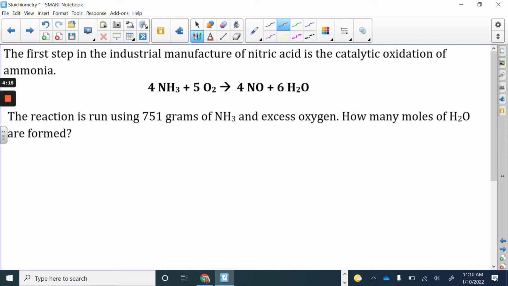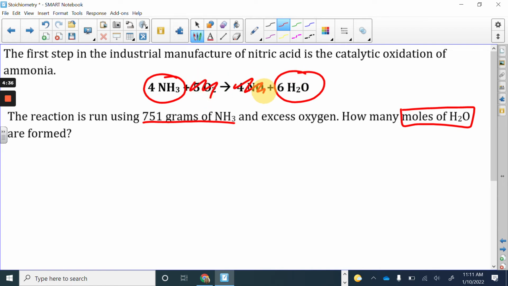So the first step in the industrial manufacture of nitric acid is the catalytic oxidation of ammonia. The reaction is run using 751 grams of ammonia, that's this one, and excess oxygen. Excess just means extra. So how many moles of H2O are formed? All right. So write down what they give you, 751 grams of NH3.